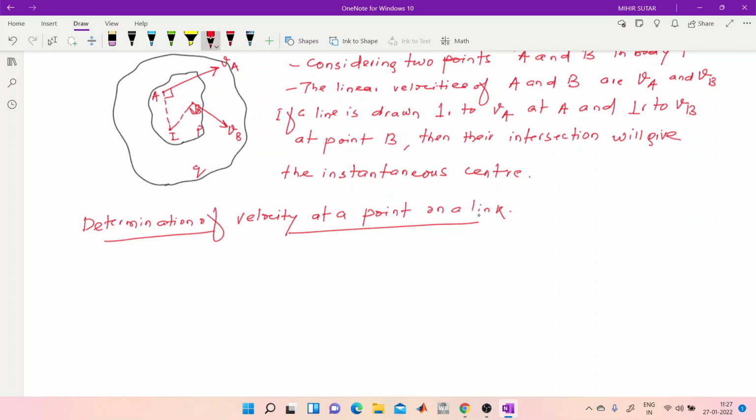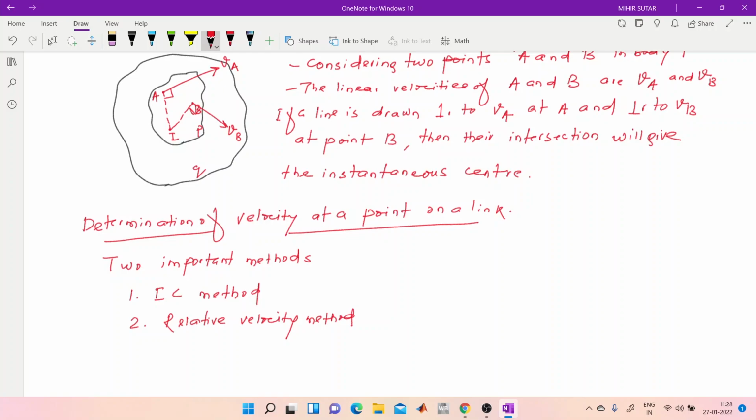There are two important methods. First one is the instantaneous center method to find this velocity. Second method is the relative velocity method.